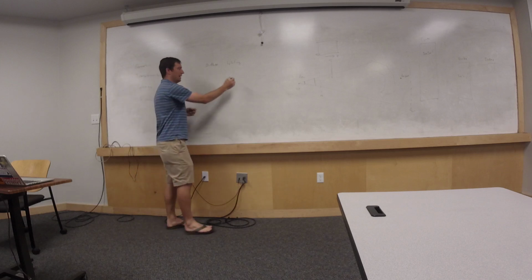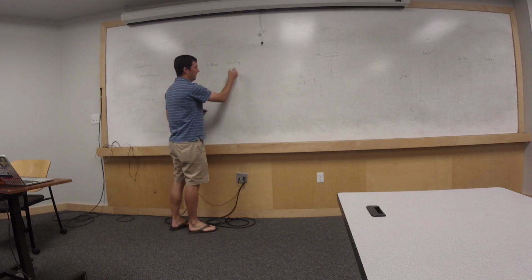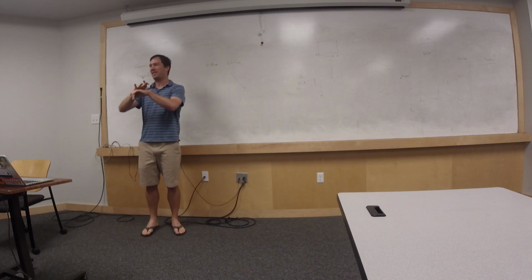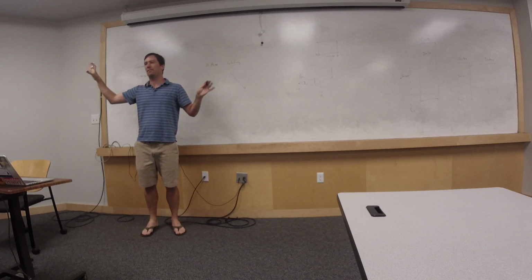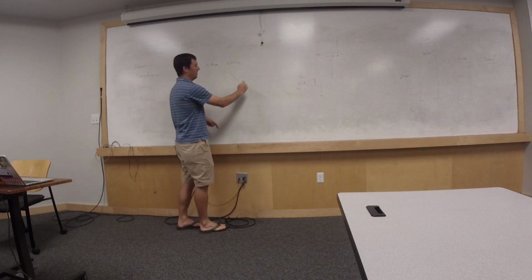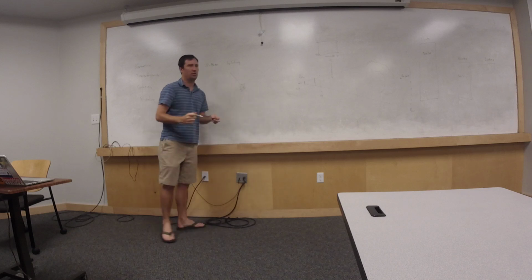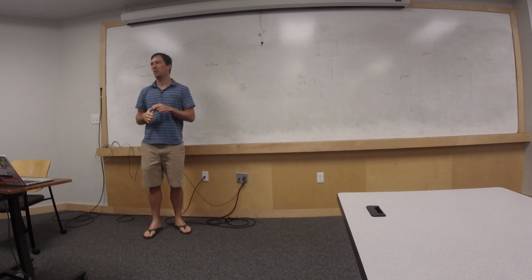And the idea here is that if I have some object and I have some light that hits it, basically the light scatters evenly in every direction. And so when the light hits here, I get light out evenly in all directions. Okay.